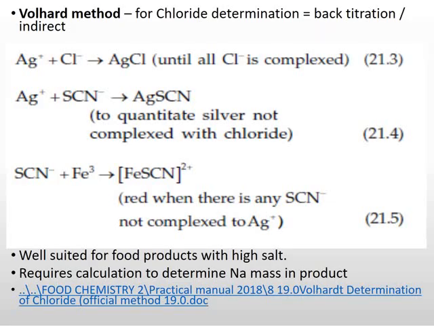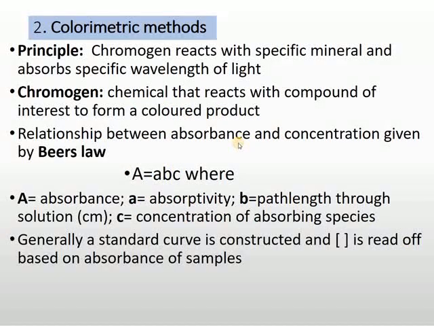Okay, and then the second one will be your colorimetric methods, where we use a spectrophotometer. The principle here is based on a chromogen. A chromogen is a chemical that will react with a certain compound to form a colored product. In this principle, the chromogen will react with a specific mineral. Remember, we're looking for minerals.